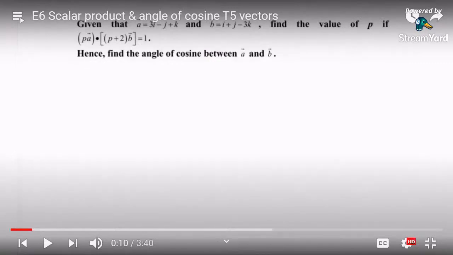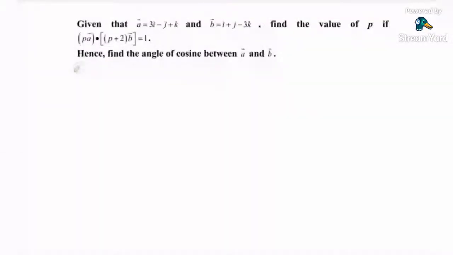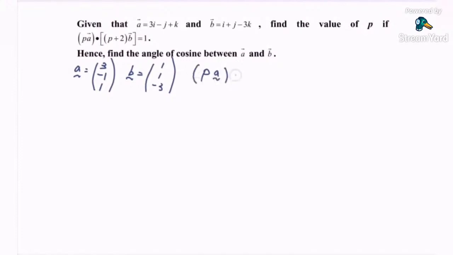Given that the vector A is equals to 3, negative 1, 1, and the vector B is equals to 1, 1, negative 3. Find the value of P if we have the situation P multiply with the vector A dot, where we have the bracket, P plus 2 multiply with the vector B equals to 1.